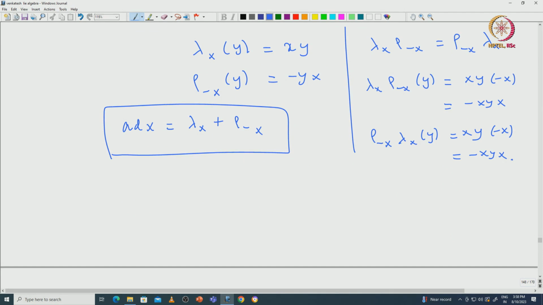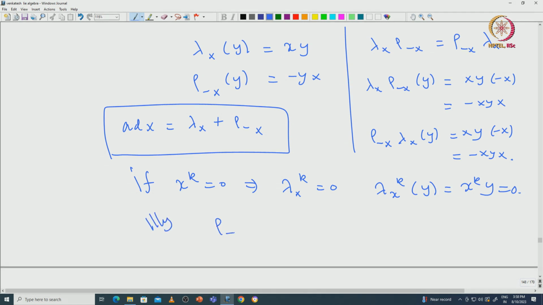But note that if x to the power k is 0, that would imply lambda x to the power k is also 0. Why? Because lambda x to the power k applied on y will be just x to the power k applied on y, which will be 0. Similarly, you can see that rho minus x to the power k is also 0.